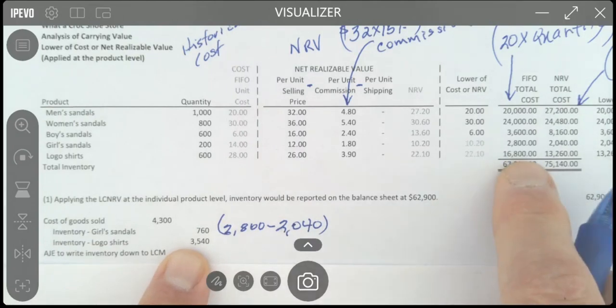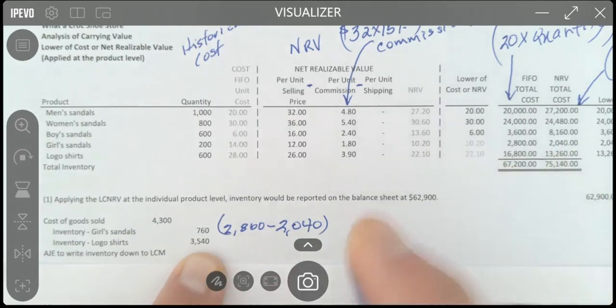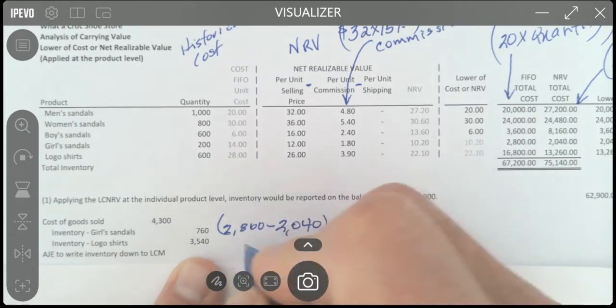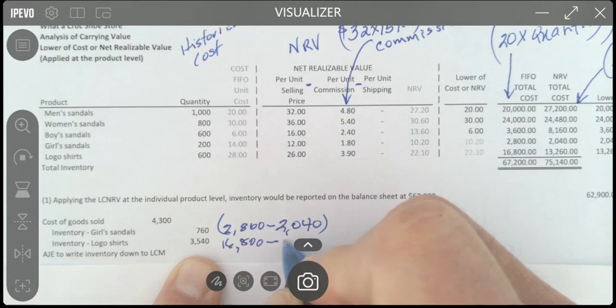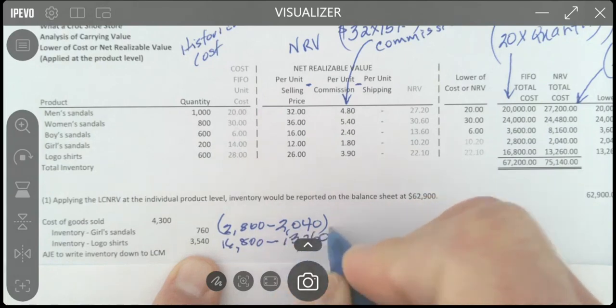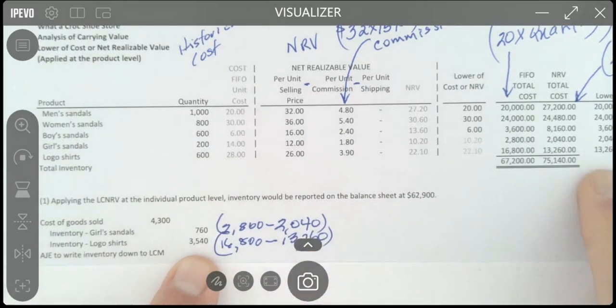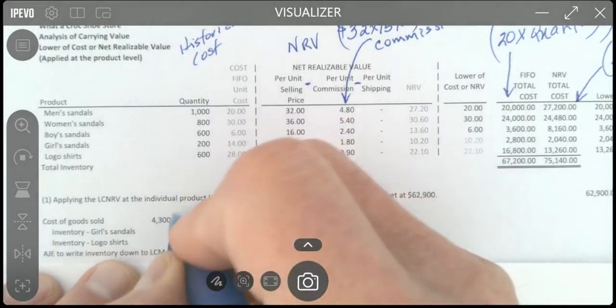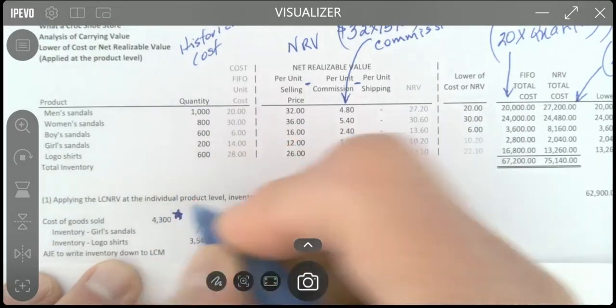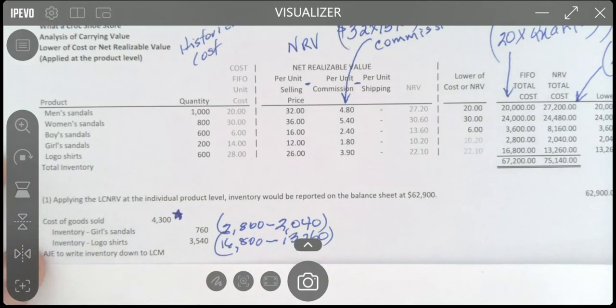And we're going to write down the logo t-shirts from 16,800 to 13,260, which is 3,540. So our total write down is 4,300.